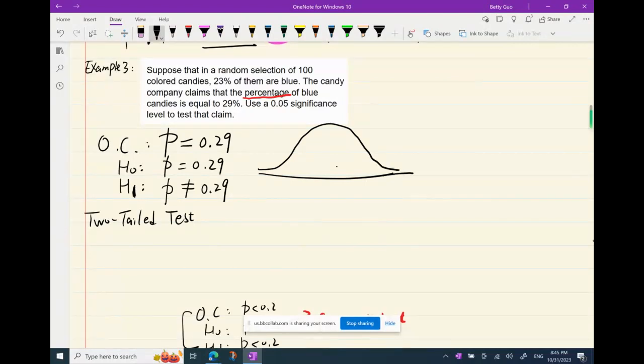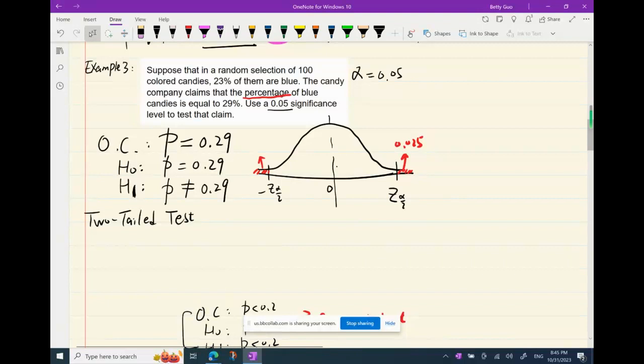A very important thing: if it's a two-tail test, how do we use the significance level alpha? We're going to have two critical values, opposite of each other, with half alpha here, which is 0.025, and half alpha here, 0.025.